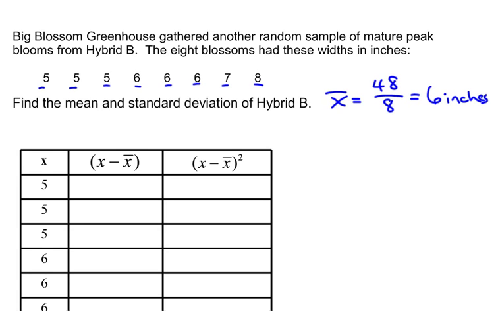So rather curious that we have the same exact value for our mean of hybrid B as we do for hybrid A. So one that was uneducated might think right off the bat that these two roses are exactly the same, since they have the same mean diameter.